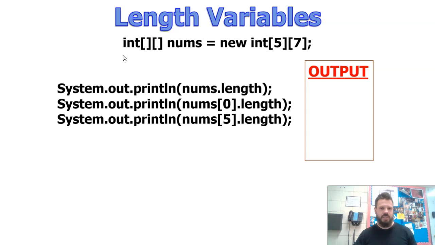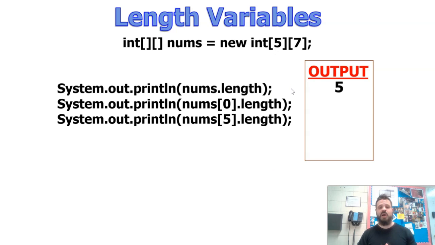So if I run the code, a two-dimensional int array called nums equals new int[5][7], that's going to create a two-dimensional array of ints with 5 rows and 7 columns. So if I run the code, nums.length is going to give me the number of rows in my table, which would be 5, this first number.